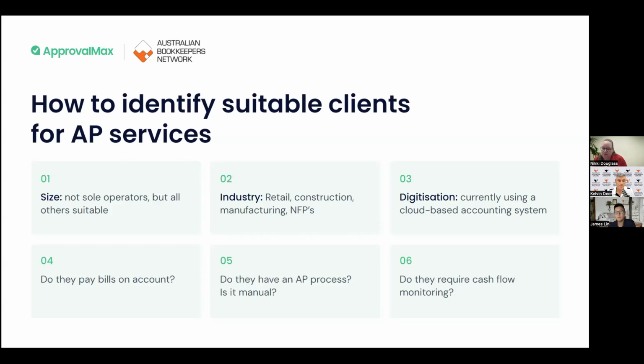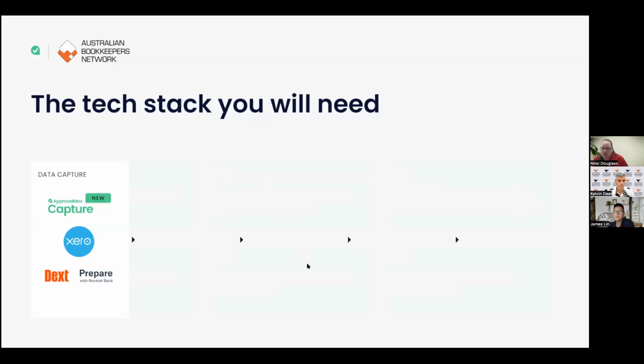And if I can just quickly jump back to the NFPs that we were talking about, using something like ApprovalMax shows the client where you're coding it. Because NFPs quite often have very complex programs and projects and grants and acquittals, they get to see where you've put the transaction. So that's just a little bit of a side thought.